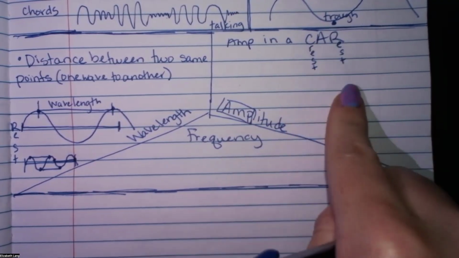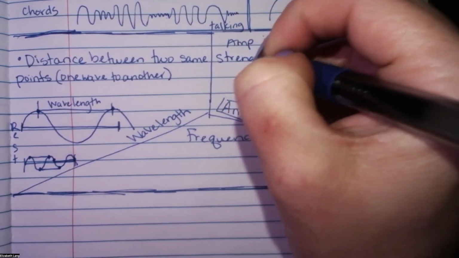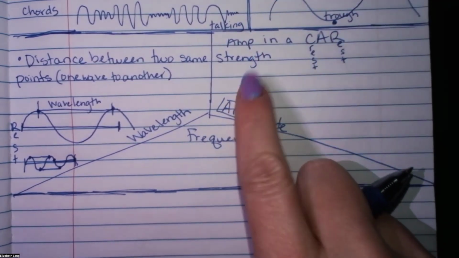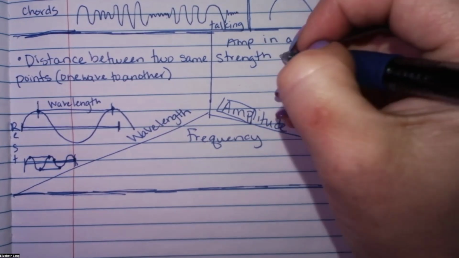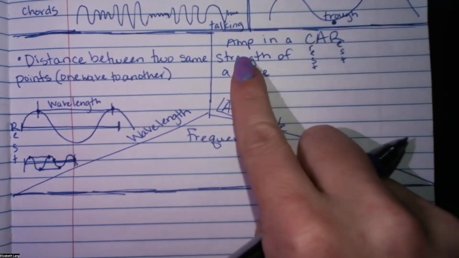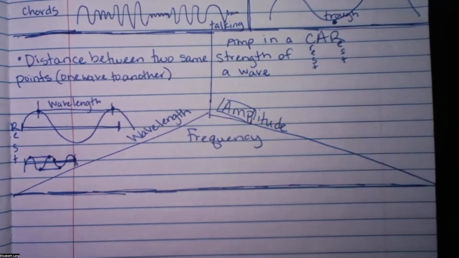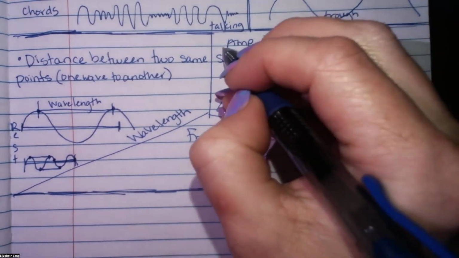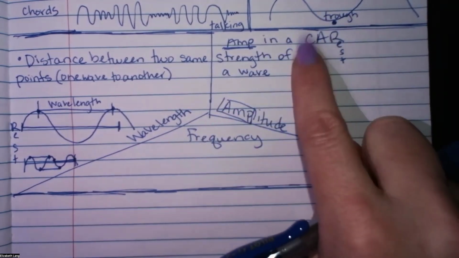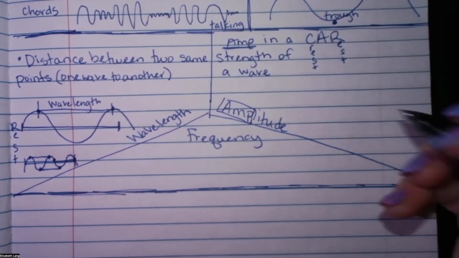Amplitude is crest to rest. So this is the strength, technically, amplitude is the strength of a wave. So that is our definition, strength of a wave, crest to rest. Okay, think about the amp in a car, crest to rest. And then if you want, A could be amplitude.